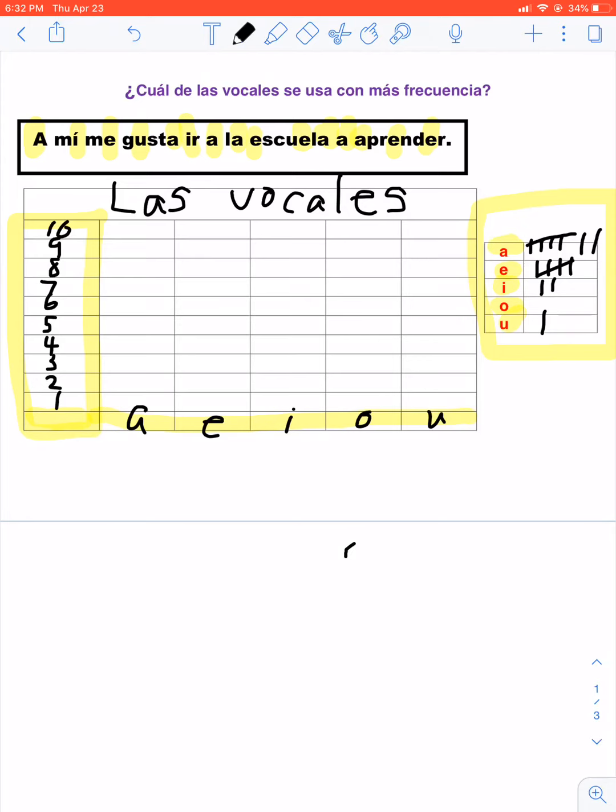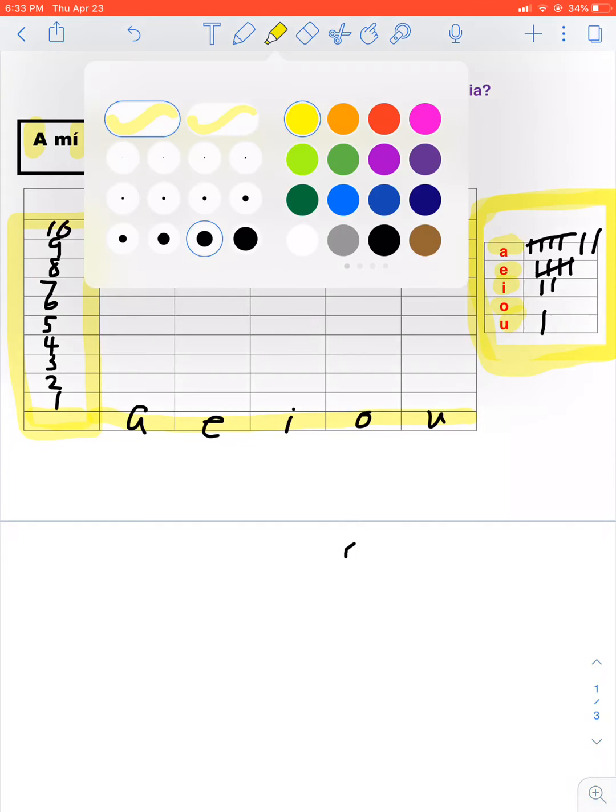So, miramos a la tabla de datos. Right? Aquí está. La tabla de datos. Y empezamos con el primer dato. ¿Cuántas veces contamos la A? 7 veces. So we're going to go ahead and let's see if I can change my color.